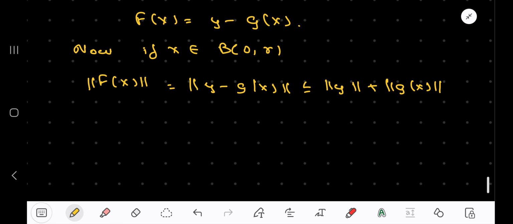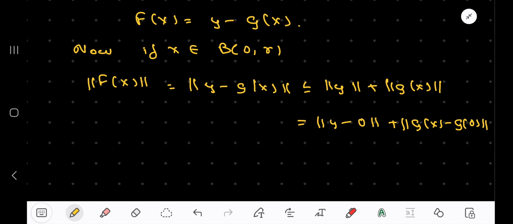right. Now y was coming from B(0, R/2), so its distance from the origin should be less than R/2, right. So I can write it as the norm of y minus 0, and since g(0) is 0, I can further write it as this.